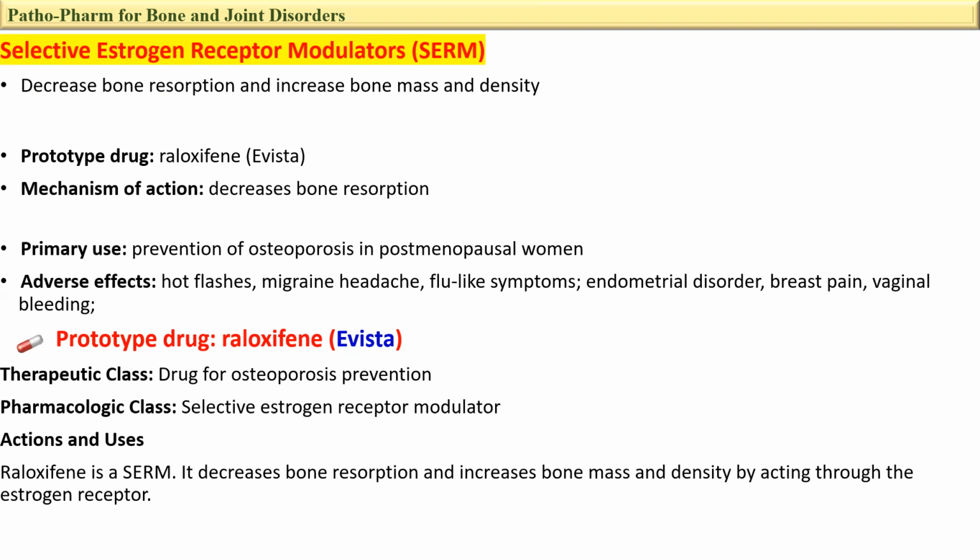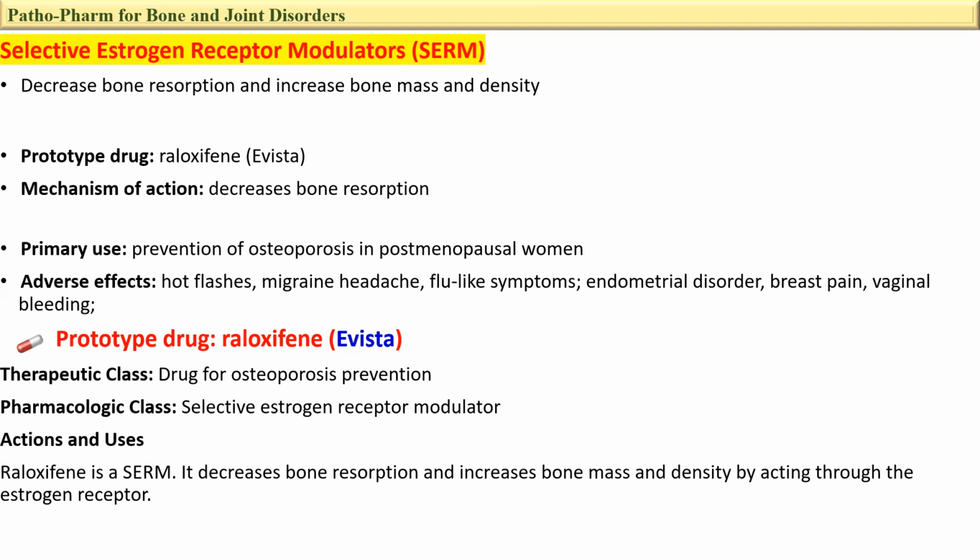It decreases bone resorption and increases bone mass and density by acting through the estrogen receptor. It's primarily used for the prevention of osteoporosis in postmenopausal women. That's the most important indication for this drug.